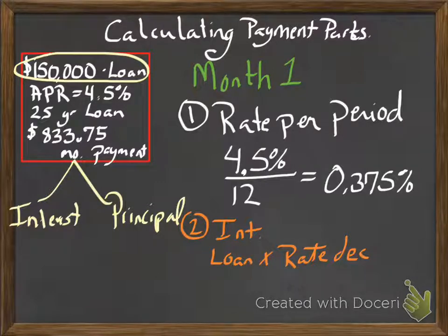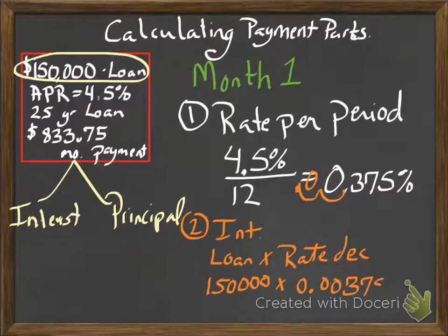I need to move my decimal place back 2 times to get it as a decimal. So we're going to take the 150,000 times 0.00375, and that gives us what as our interest? $562.50. So that's our interest.